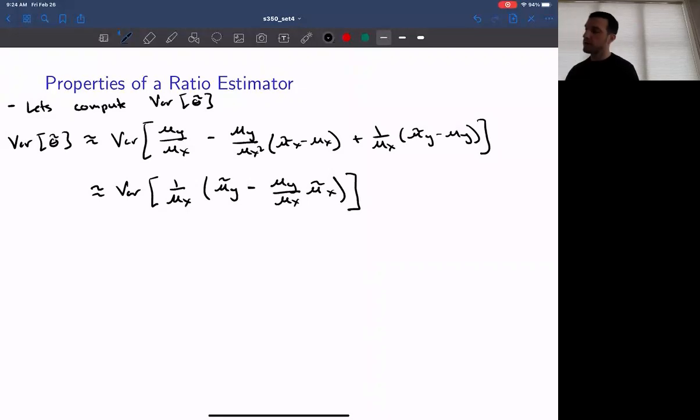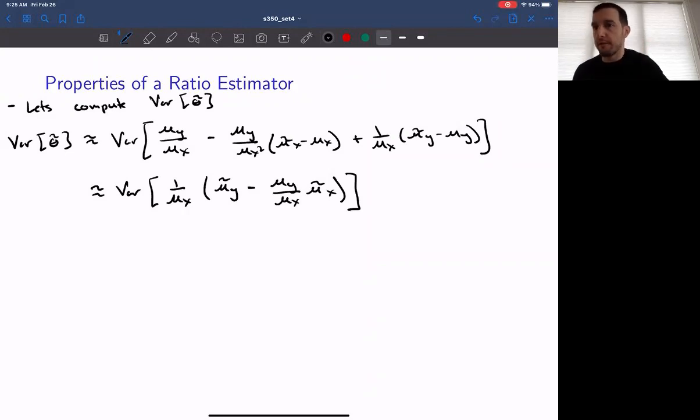Yeah. And you can just see that all I've done here is pulled the 1 over mu x out because that's constant with both terms, and I've rearranged because of the negative sign. Okay, but again, the idea here is that variance is closed under addition and subtraction. So the variance operator is only going to apply to the terms that are actually random. The terms that are random are the mu tilde x and the mu tilde y.